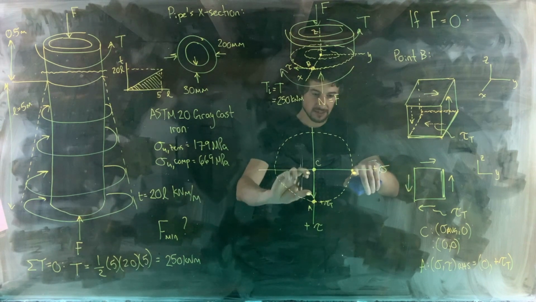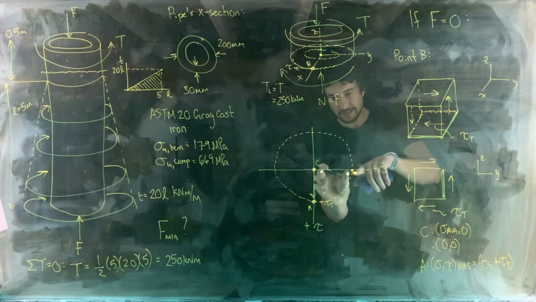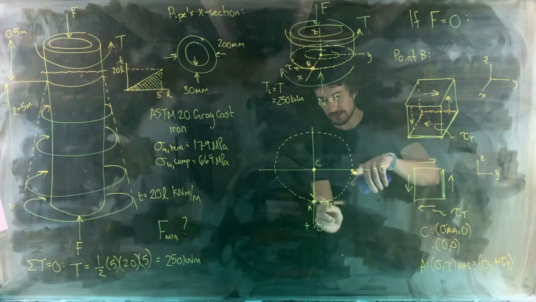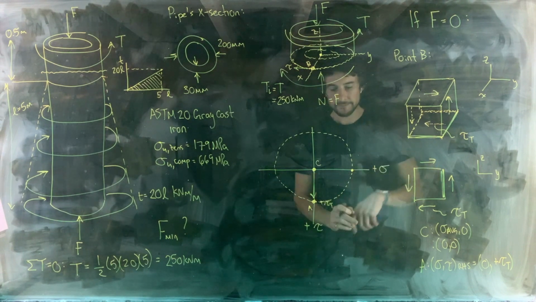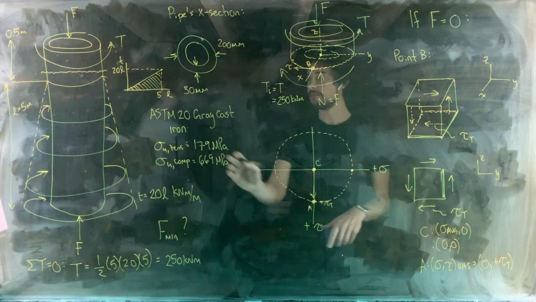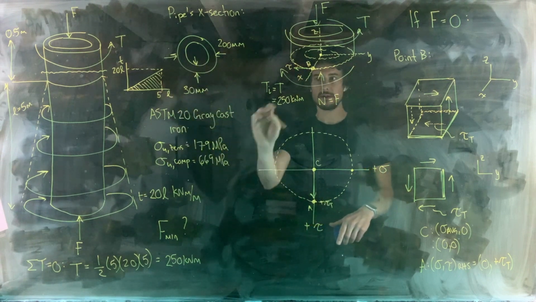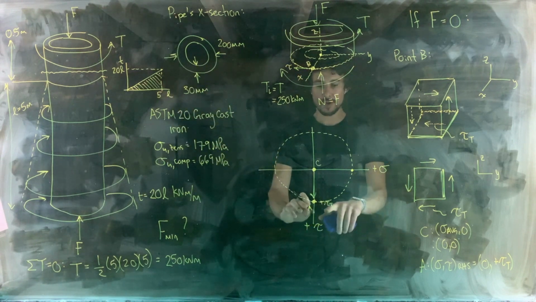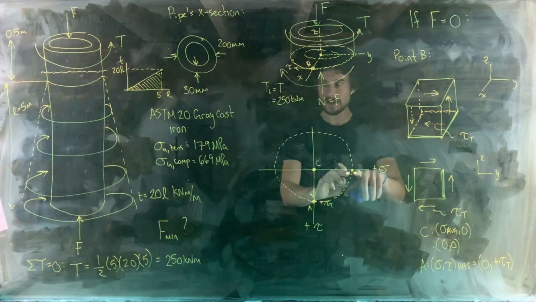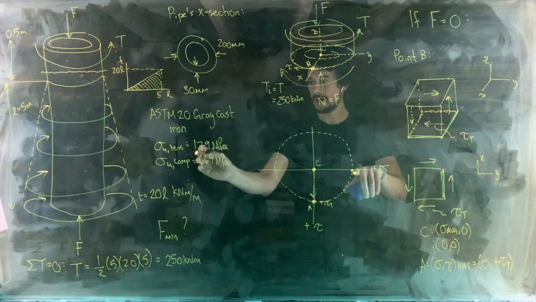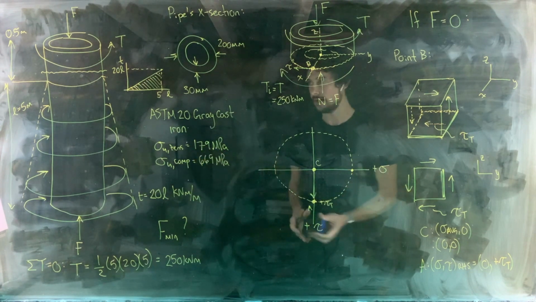Because this is the radius, this value of tensile stress is going to be the same value as tau T. So I think we've got everything we need to calculate tau T, and we can see how that tensile stress would compare to 179.